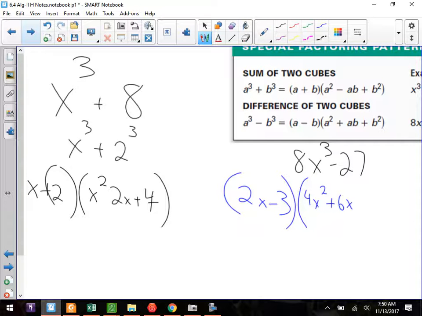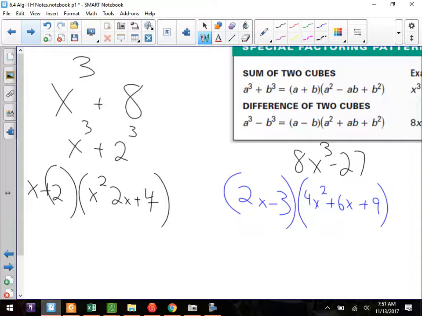And then square the last term. Yeah, you just multiply the two together. It's one of those special patterns, so it's just another way of factoring stuff out.